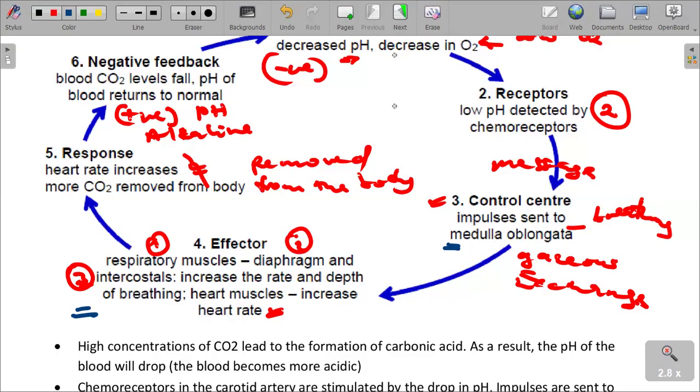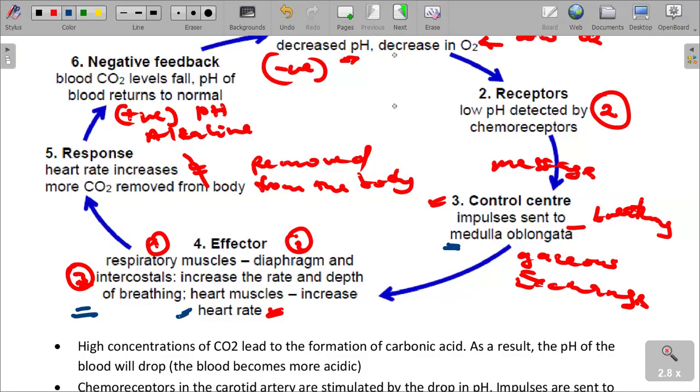The heart rate causes a quick circulation of the blood, so oxygen is supplied to the entire body organs.